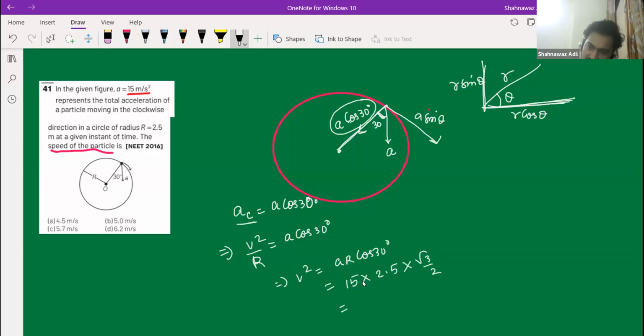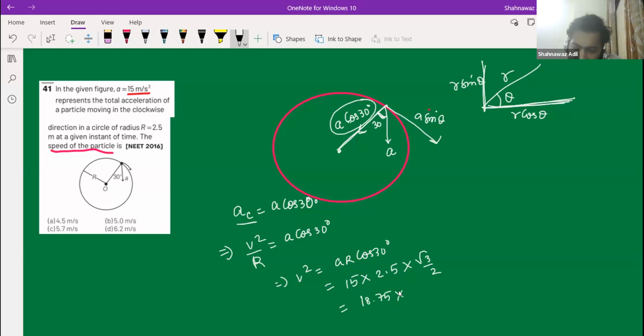Let's do this calculation. 15 into 2.5 is 37.5, divided by 2 is 18.75.